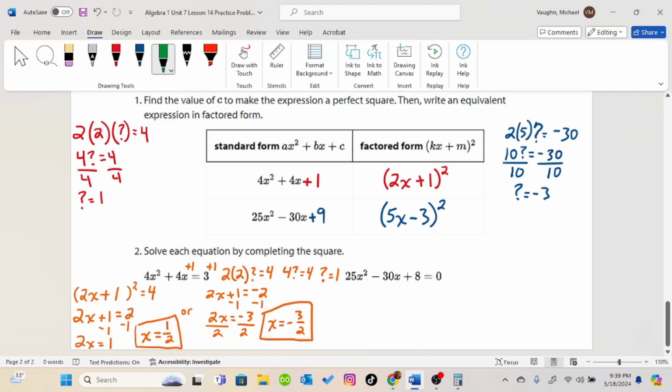And lastly, I know that the square root of 25x squared is going to be 5x. I know that I need to move this 8 to the other side.